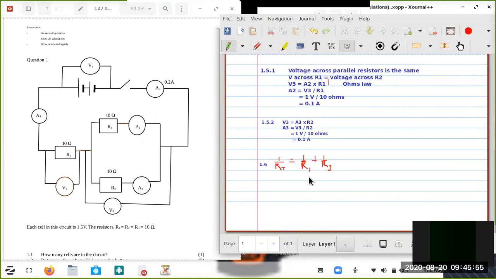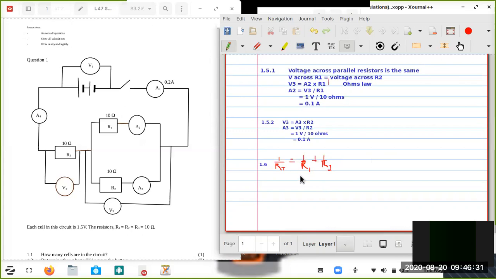So we are saying 1 over total resistance is equal to 1 over resistor number 1 plus 1 over resistor number 2. That's what we are supposed to use. If there were 3 resistors in parallel, we would add the third one. If there are 4, we add the reciprocal of the fourth resistance. That's how we find the total resistance.